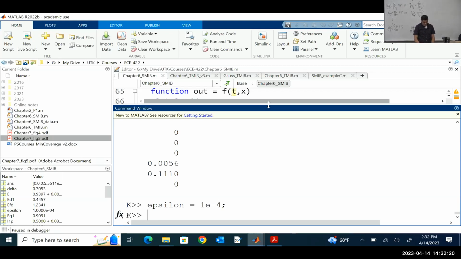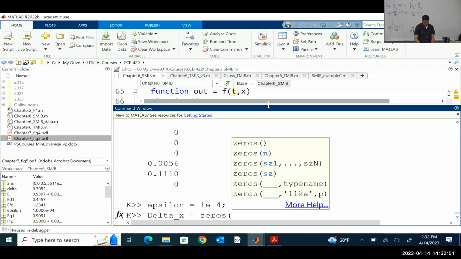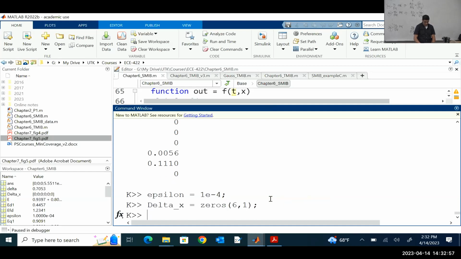So in this case, F is going to be what? It's going to be the function that we used before, this one. But we need to perturb the first variable. So I'm going to define here xp, p for perturbation, is going to be x. Let me define something else. Delta x is going to be, how many variables do we have? 6 there, all of them 0.